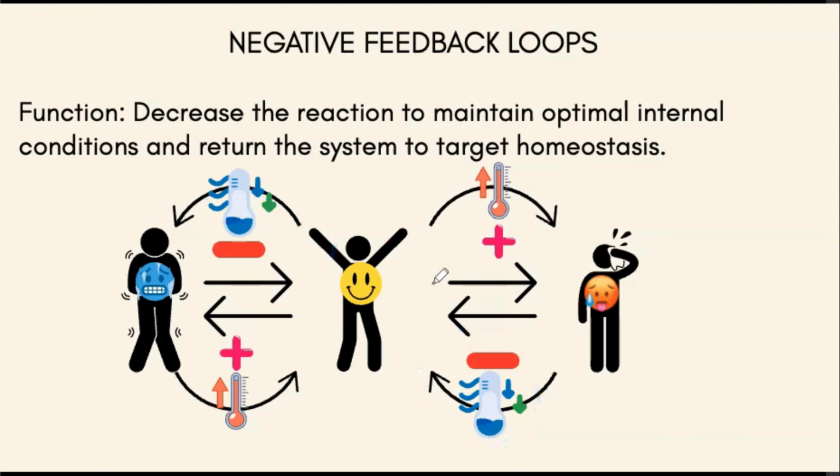All of these processes are based on the fact that you want to maintain homeostasis by decreasing that reaction. You want to decrease the shivering or the sweating by releasing some sort of action that will therefore allow you to maintain homeostasis. So that's an example of a negative feedback loop.